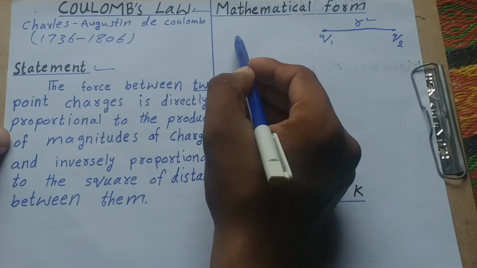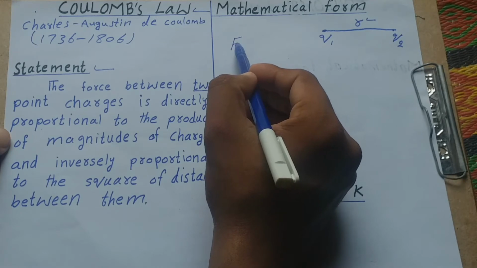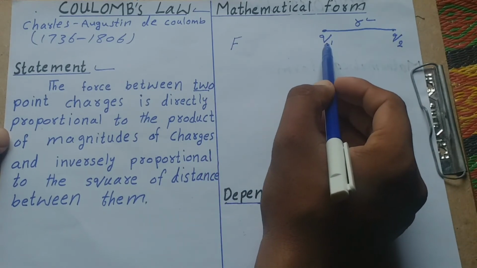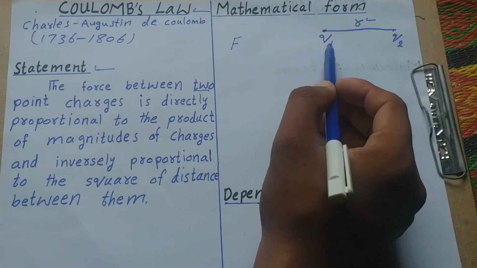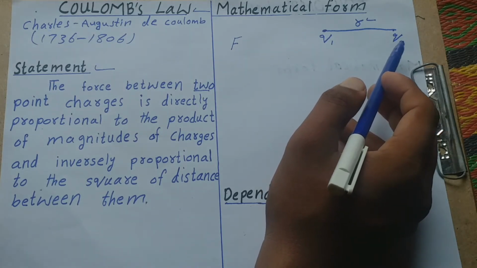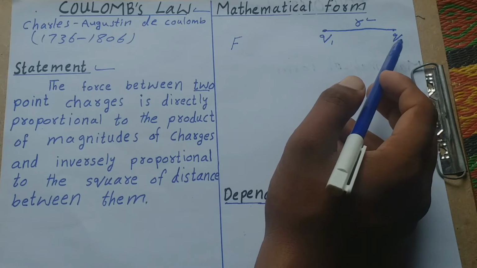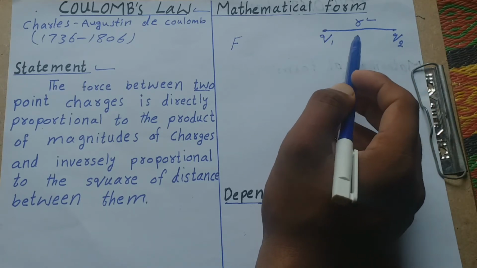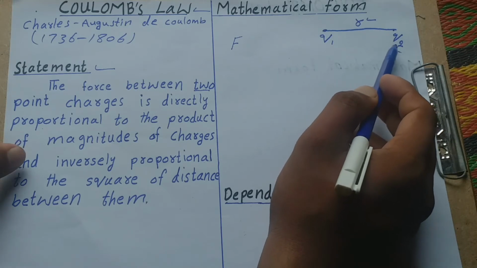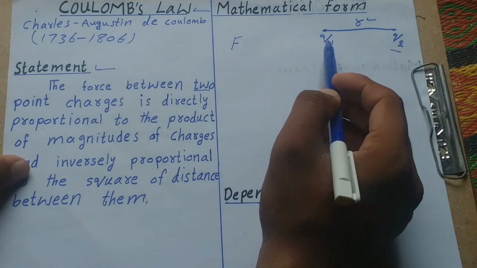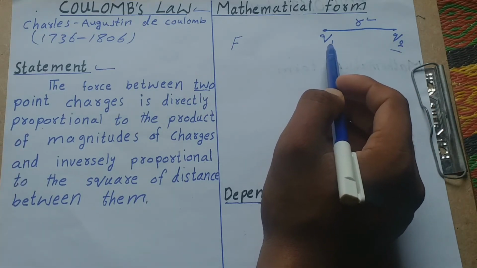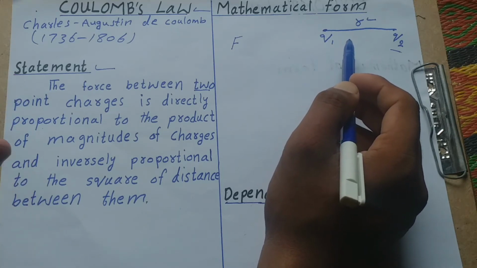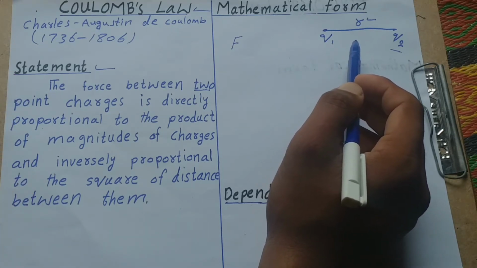The force is F. First, Q1 may be positive or negative, and that is the reason Q1 applies on Q2 attraction or repulsion. The force introduced between Q1 and Q2 again applies on Q1 as repulsion or attraction. That is the reason for the force introduced.